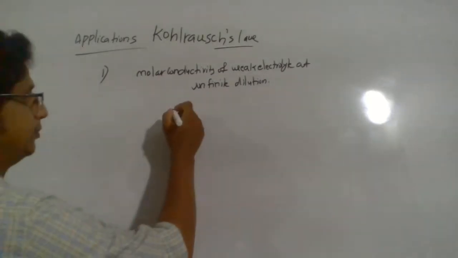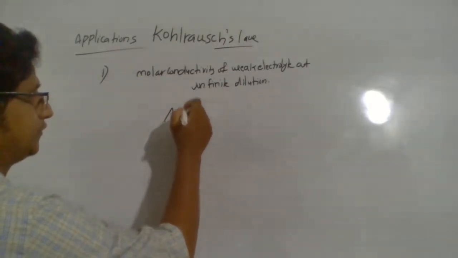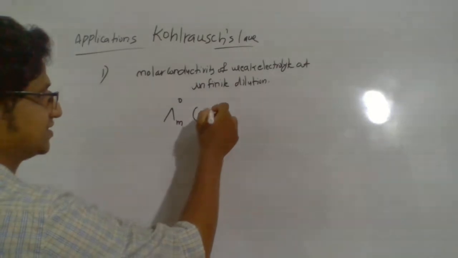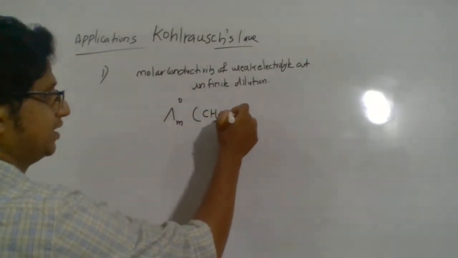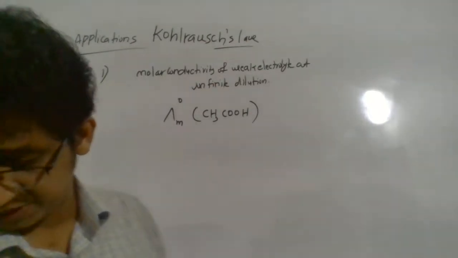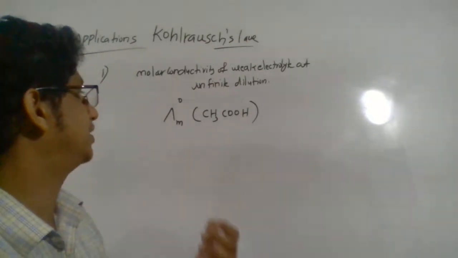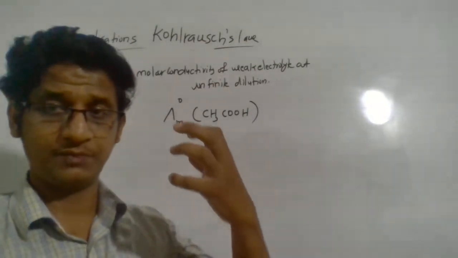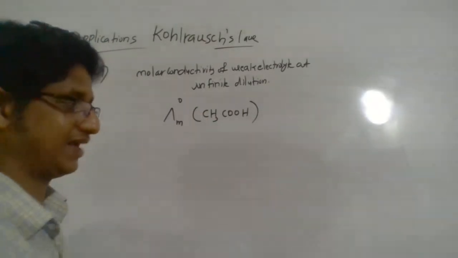You want to find the molar conductivity of CH3COOH, that is acetic acid. We know acetic acid is a weak electrolyte. So how can you find the molar conductivity of a weak electrolyte like acetic acid?